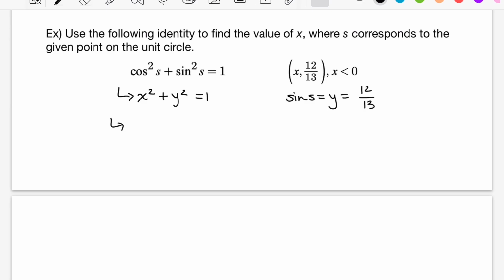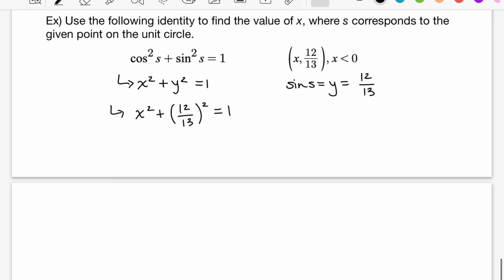So this tells us that x squared plus 12 over 13 squared is equal to 1. So we'll use this to solve for x. We'll subtract 12 squared over 13 squared on both sides. 12 squared is going to be 144, and 13 squared is going to be 169.